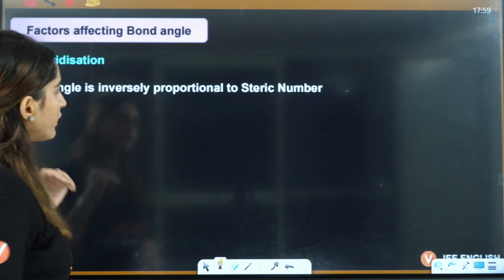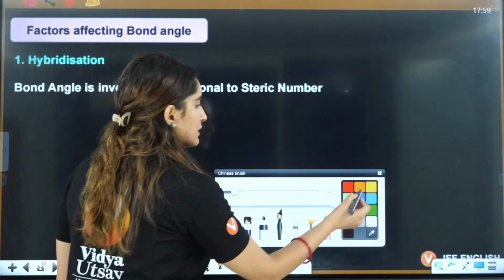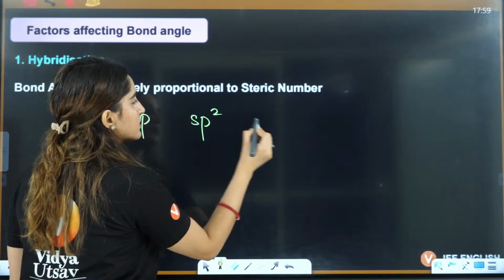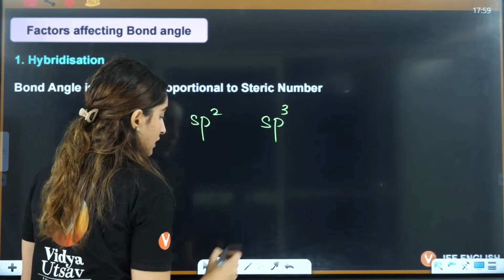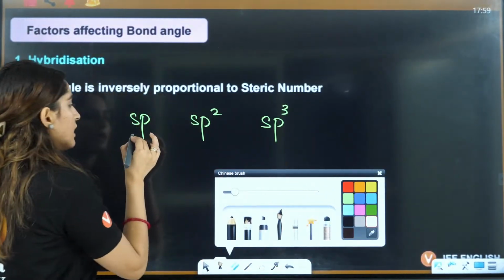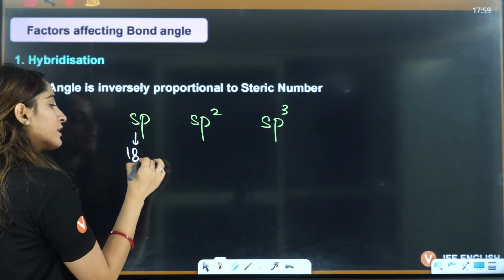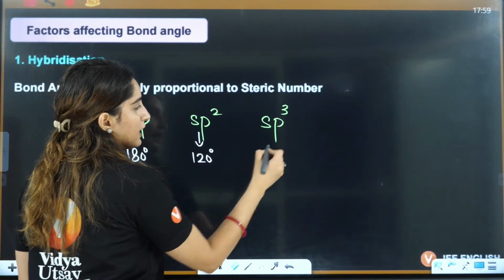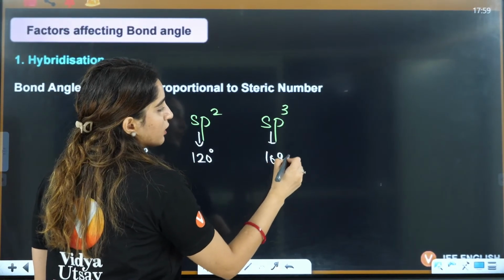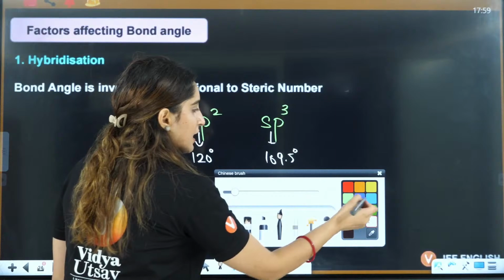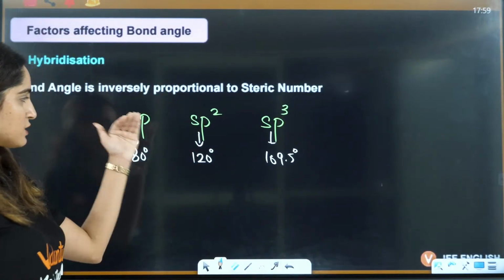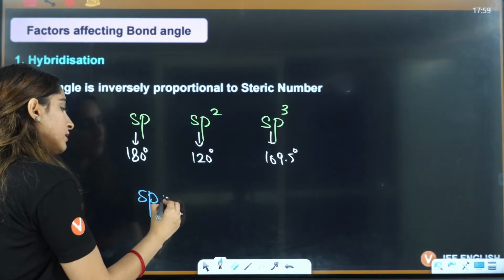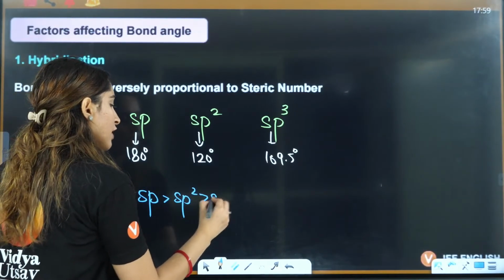But what you need to remember from here, that if I say this is SP, SP2, this is SP3, easy way to answer this is, in SP we know that it is 180, it is a linear shape, it is 120 degree, and this one is 109.5 degrees. Can I say that SP has greater bond angle than SP2, then you have SP3?